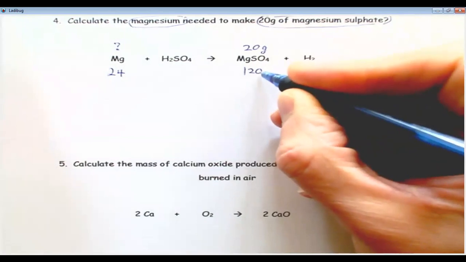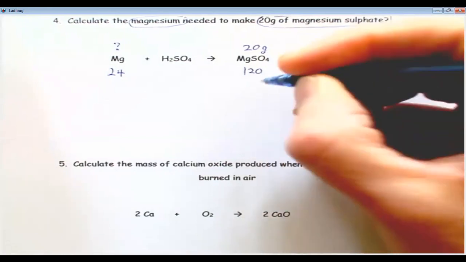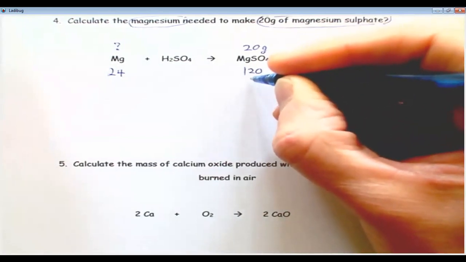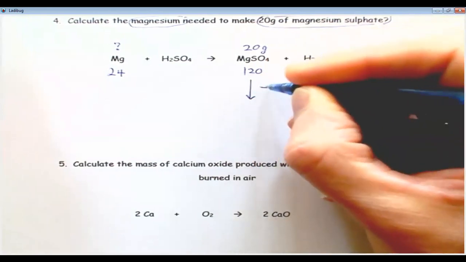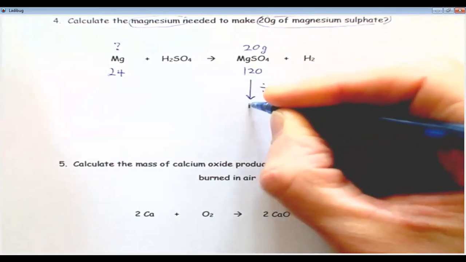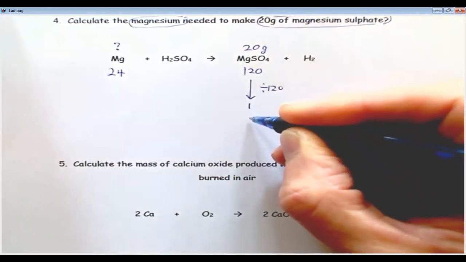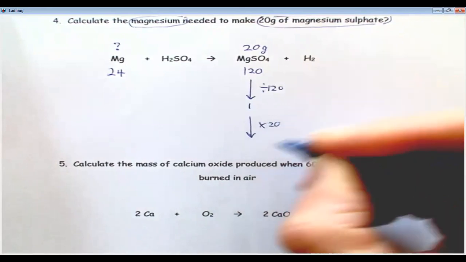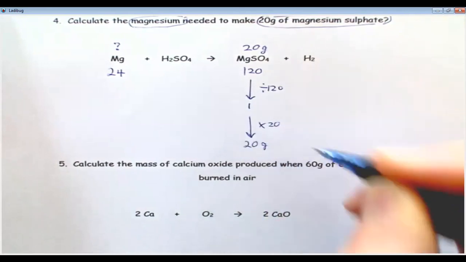So starting here, I've got to convert 120 into 20. So that's the known in the question. Divide by itself to get 1, times by 20 to get 20.